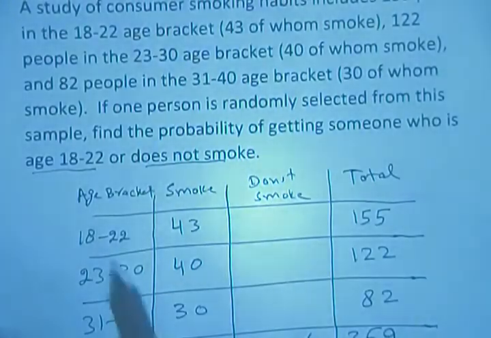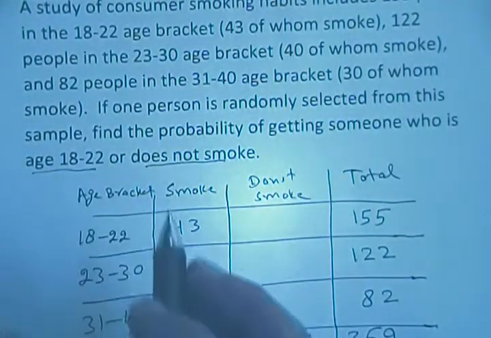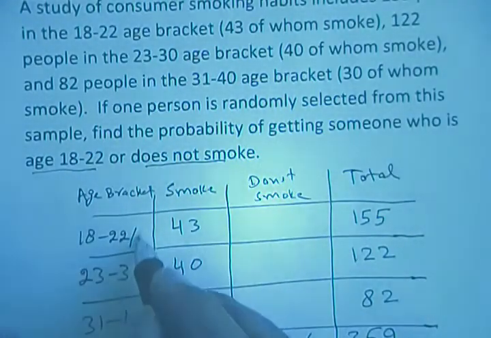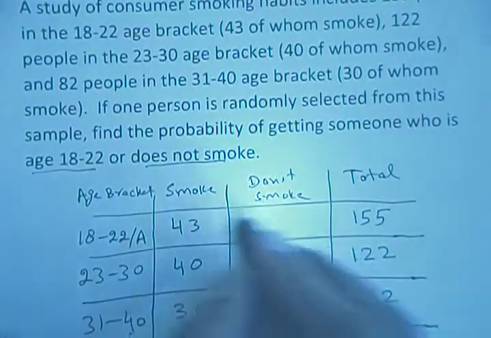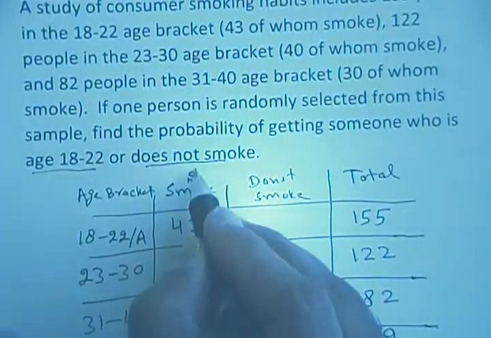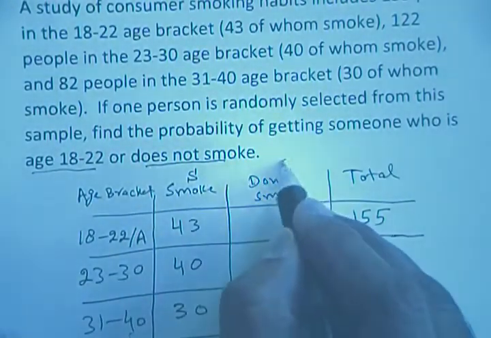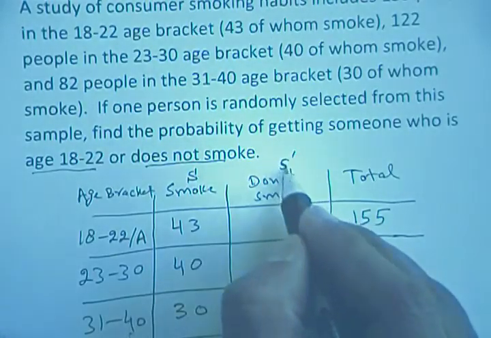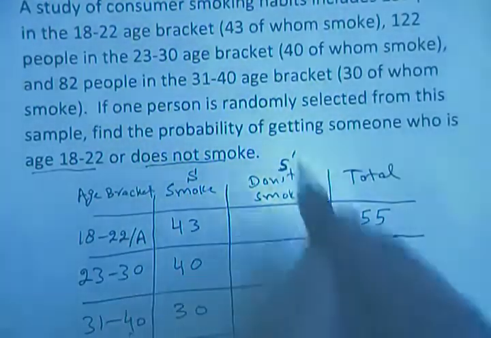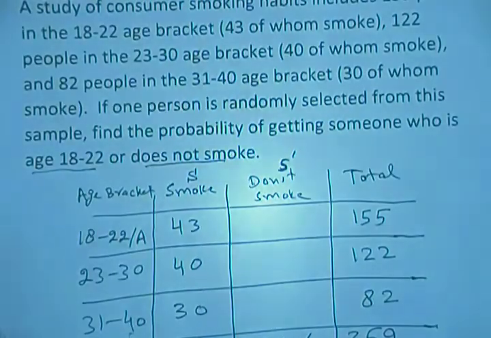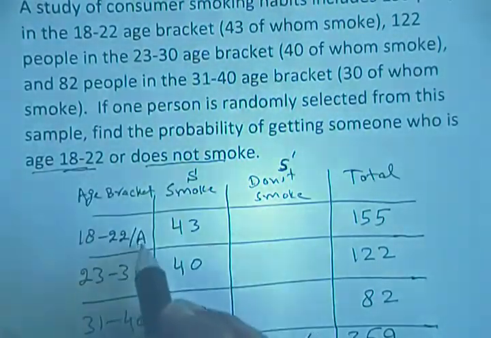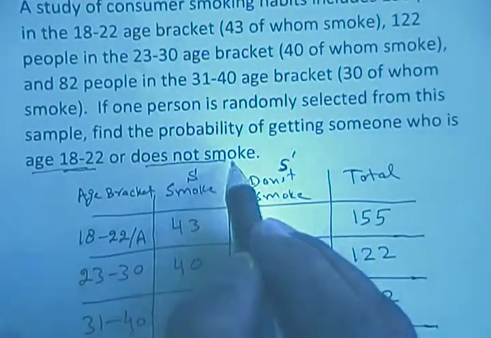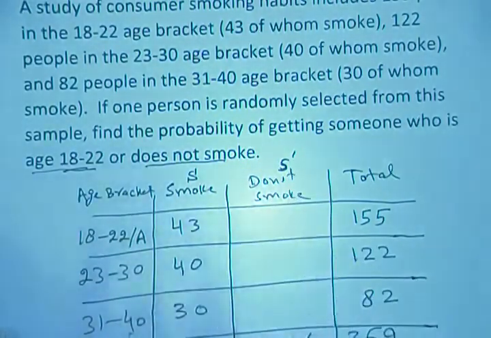Let's assign the symbol A as the event for this age bracket, and S for smoking, so S complement for not smoking. What we have to find is a person who is in this age bracket, meaning in A, or does not smoke, meaning in S complement.